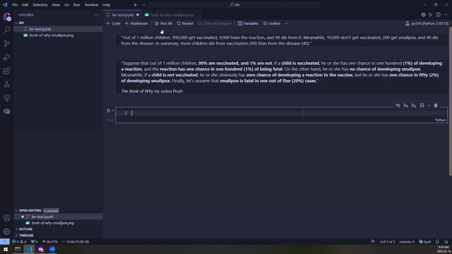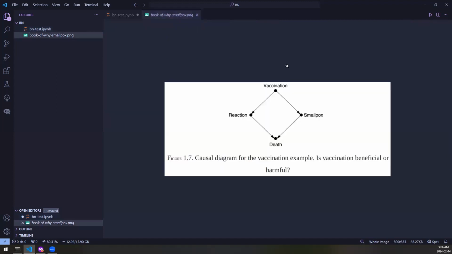The book also showed us this graph. This is a directed acyclic graph. The intention of this video is not to explain what a Bayesian network is or discuss the theory behind it. To follow this video, you should know at least the basic idea of Bayesian networks.